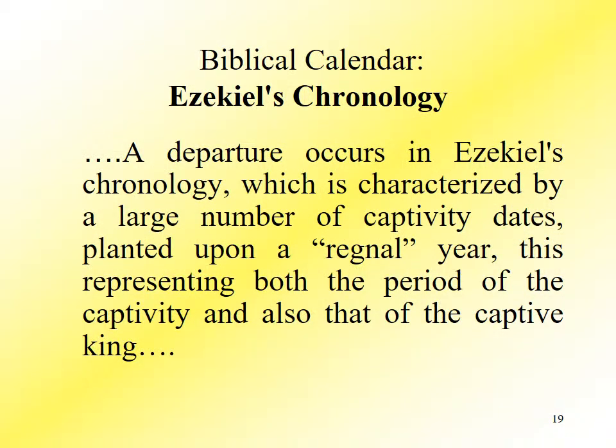The biblical calendar and Ezekiel's chronology. A departure occurs in Ezekiel's chronology, which is characterized by a large number of captivity dates planted upon a regnal year, this representing both the period of the captivity and also that of the captive king.